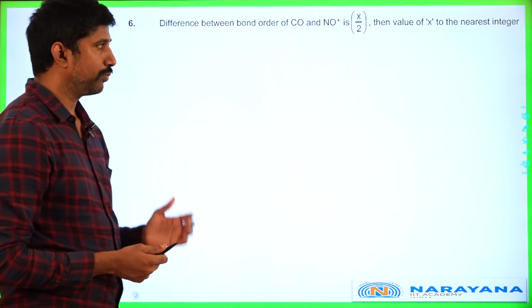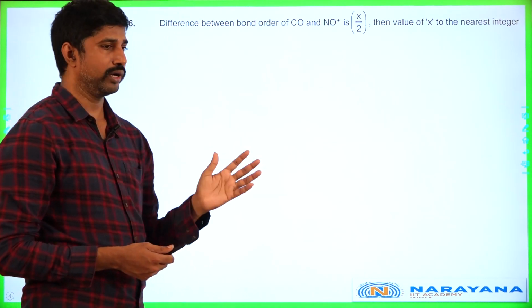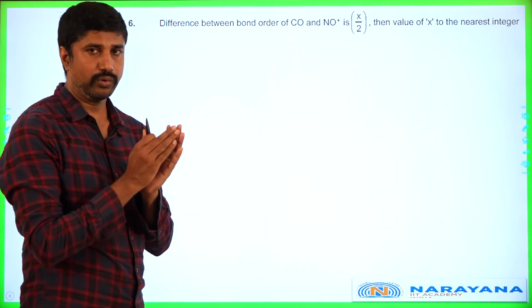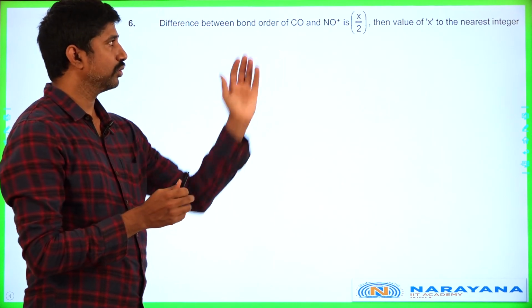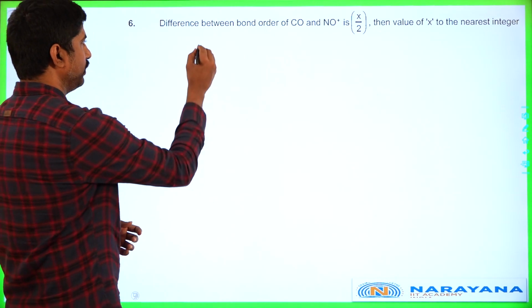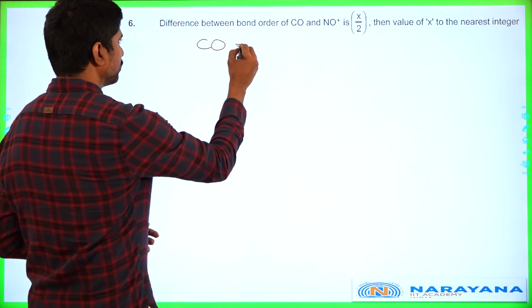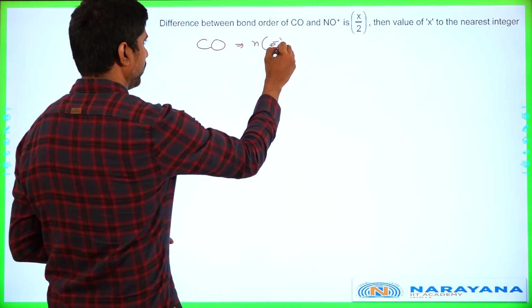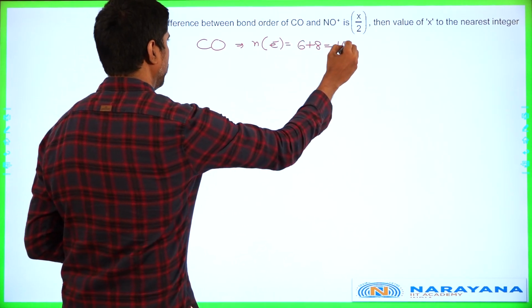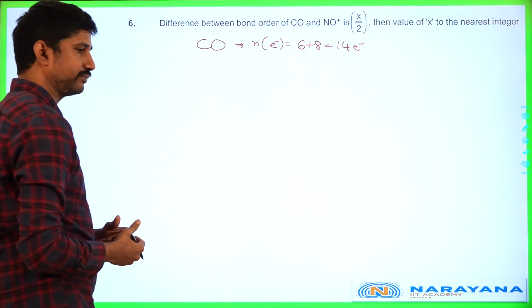Here there is no problem with respect to synergic bonding or metal carbonyl complexes. There is no question over that; they are only asking about bond order. For the bond order of CO, a heteroatomic molecule, the number of electrons is carbon 6 and oxygen 8, total 14 electrons.